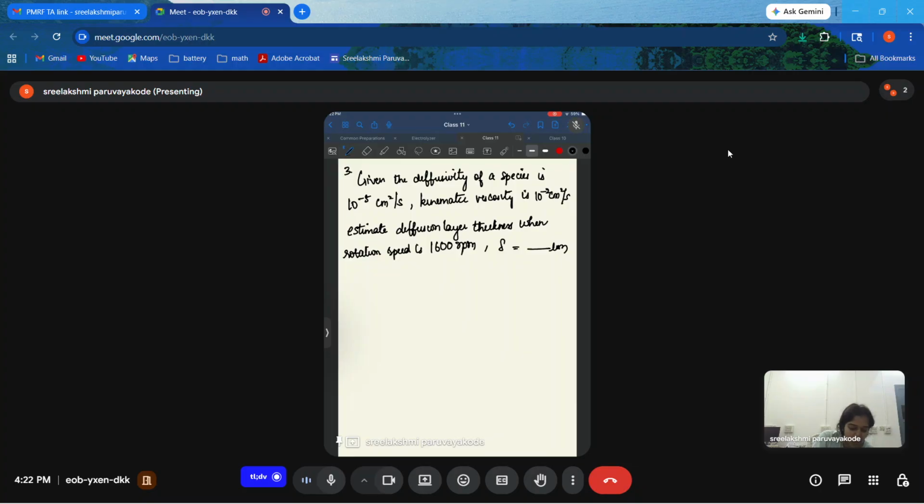Same as the previous question, except that you see here the omega value, the rotation speed, is increased, and in the same way you have to convert it from RPM to radians per second. Let's do it.